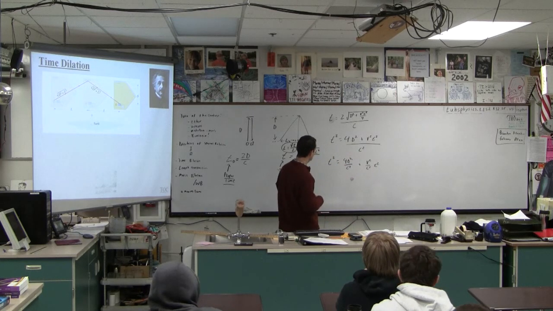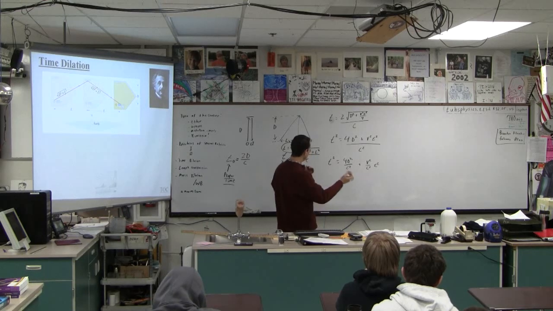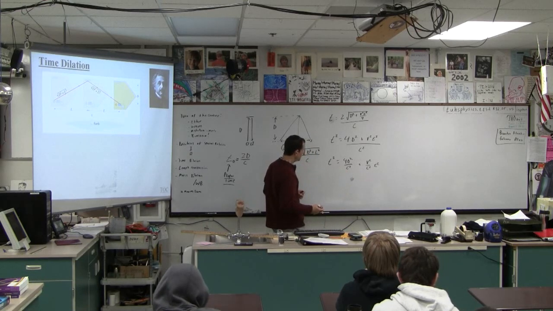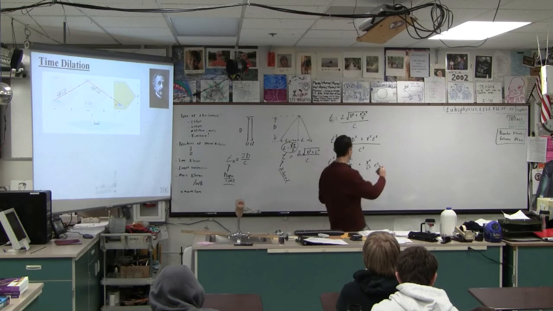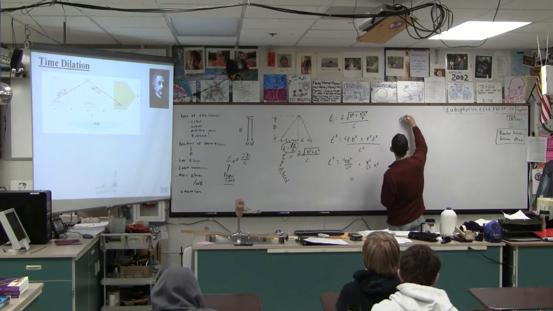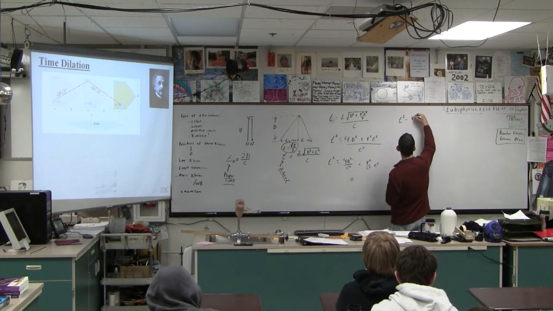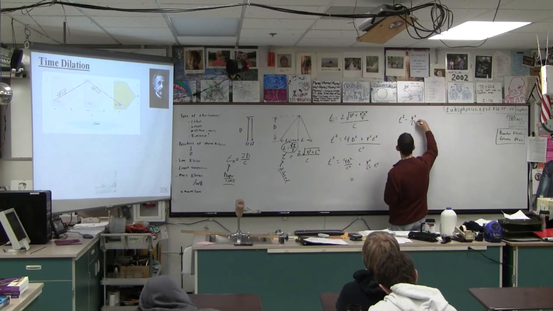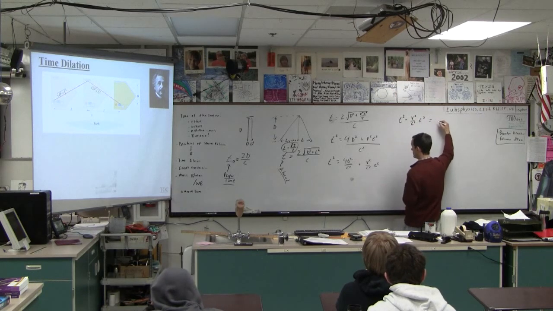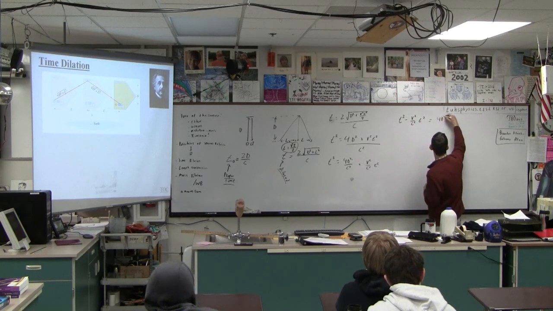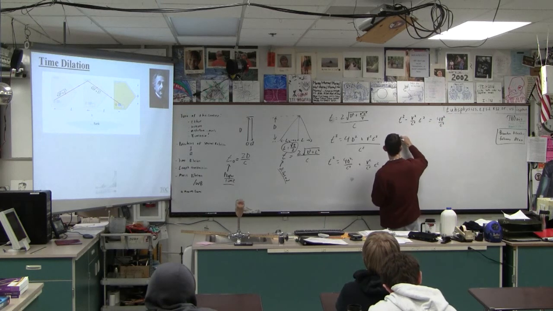What do we do now? I think we want to get the t's on the same side, don't we? I'm thinking that's a wise thing to do. So I'm going to say t squared minus v squared t squared over c squared equals 4d squared over c squared. And then don't we factor out a t squared?